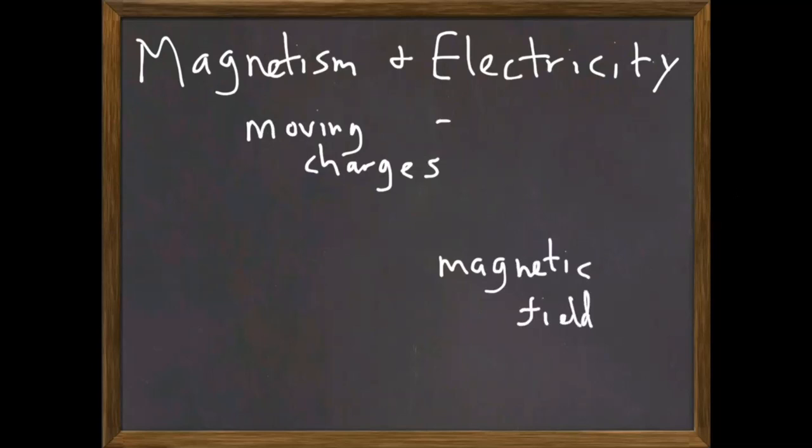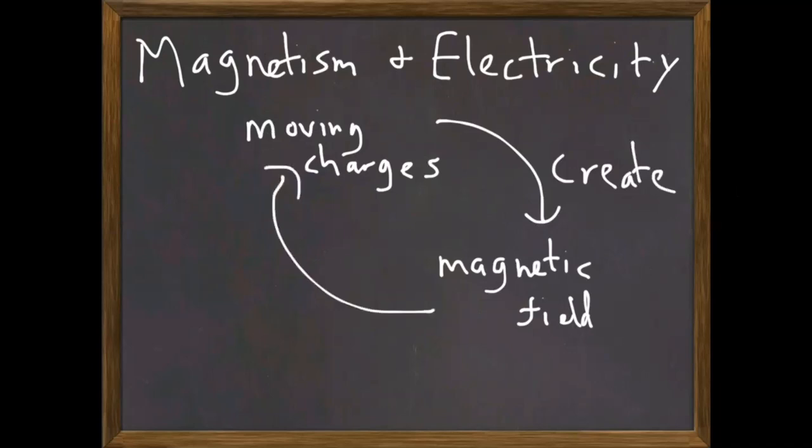So moving charges will create a magnetic field, and a magnetic field will exert a force on moving charges. But it won't exert a force on a stationary charge, and a stationary charge won't create a magnetic field. It will create an electric field. The magnetic field is called B, capital B. It's a vector, just like the electric field.